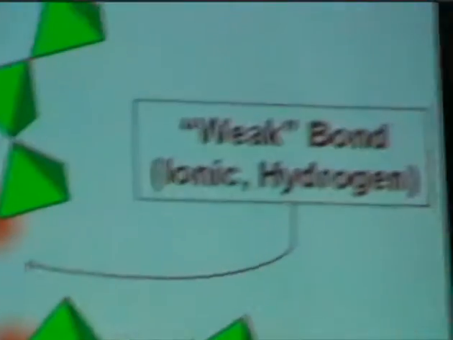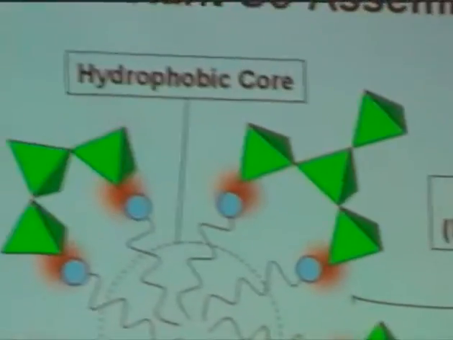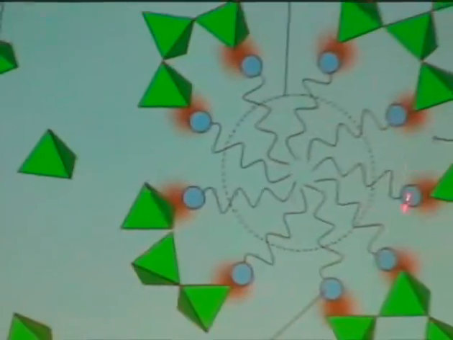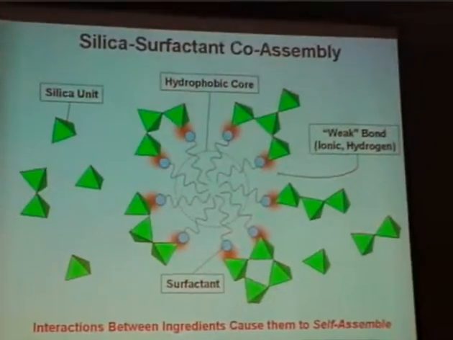The process going on during their assembly is significantly different from what happens when you make zeolites, in the sense that it's very clear that the surfactants themselves, so I'm representing this little tail with the head as a surfactant, assemble to make some kind of micellar structure in solution.